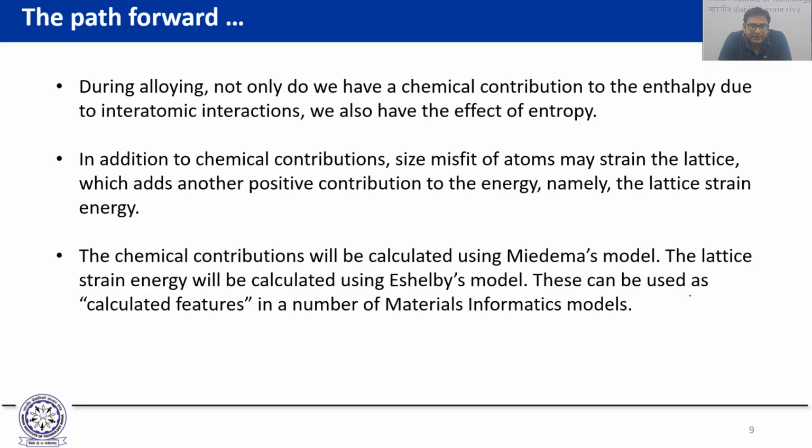The size of these atoms would be different, and the size misfit can result in a strain in the lattice, which is going to add another positive contribution to the energy, meaning it is going to raise the energy and make things a little bit unstable. This is what we call the lattice strain energy.